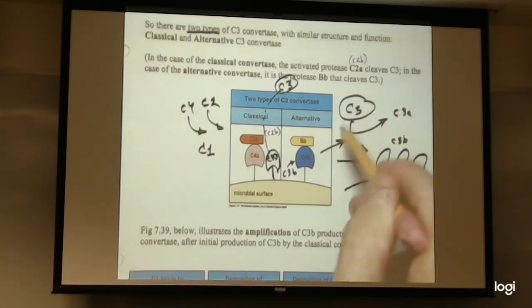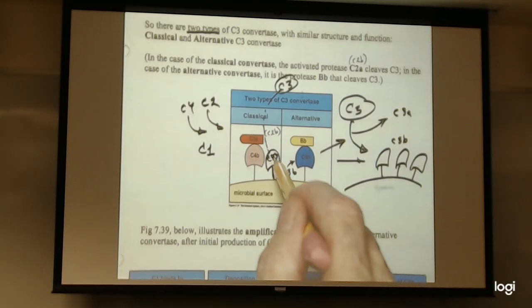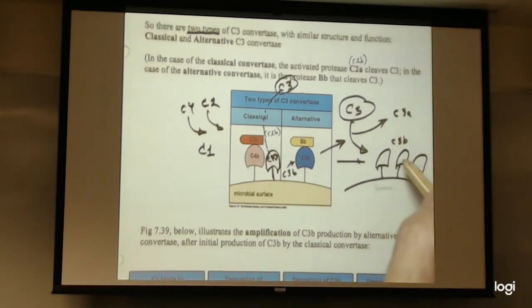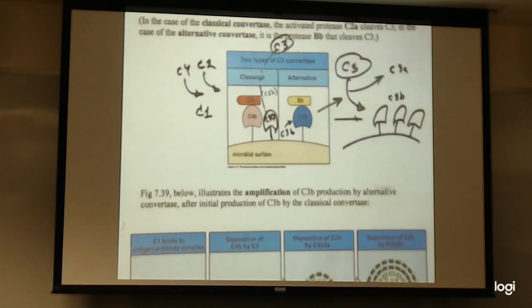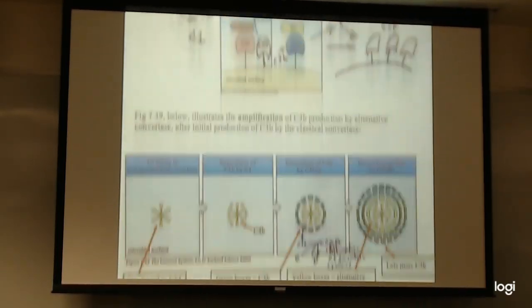And they both take circulating C3 component, cleave it, and produce highly reactive C3b pieces that bind to the surface of all surfaces around it: host cell surfaces, bacterial surfaces, everything. And this kind of shows the amplifying effect of the alternative pathway.